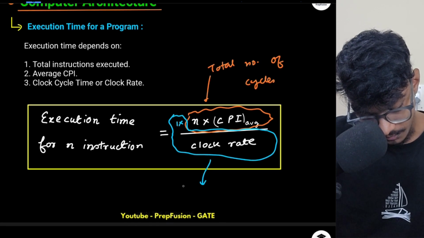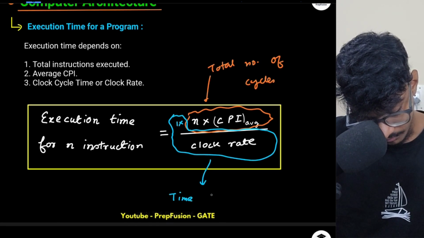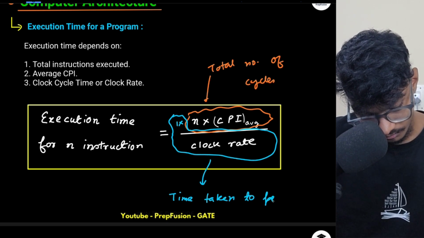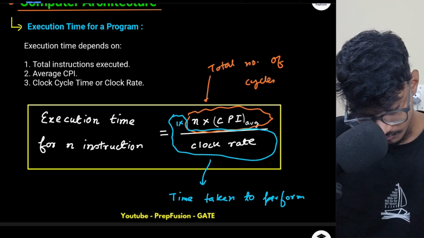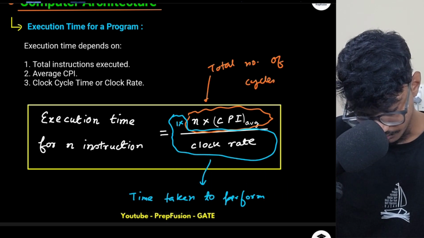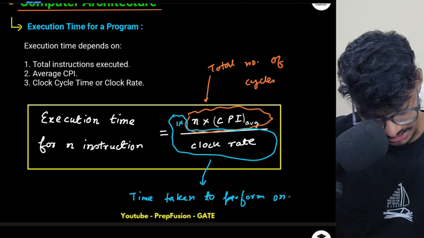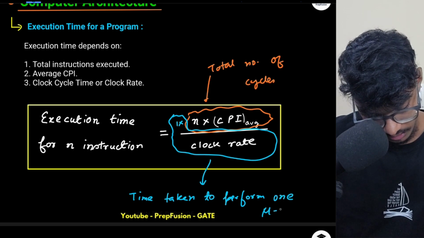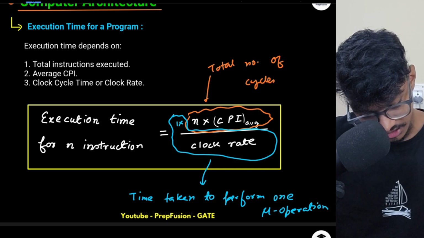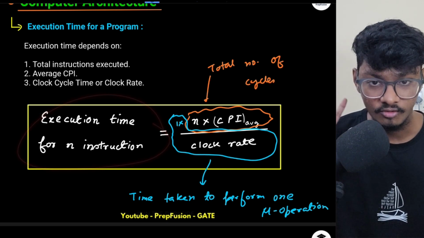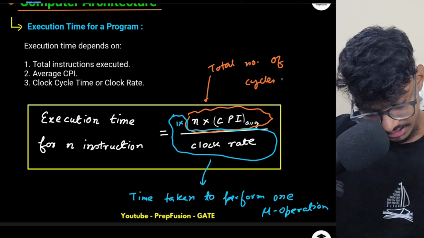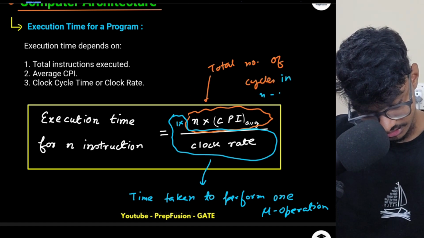This is the time taken to perform one micro operation. So if I have n instructions in the program, the execution time of n instructions will be n multiplied by this. Okay, total number of cycles in n instructions.